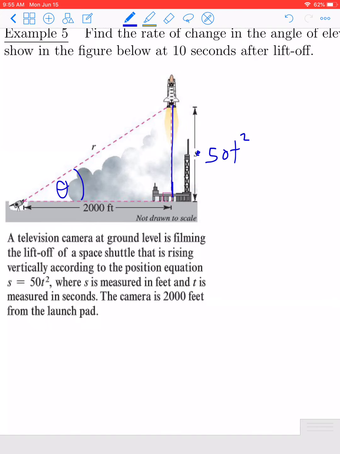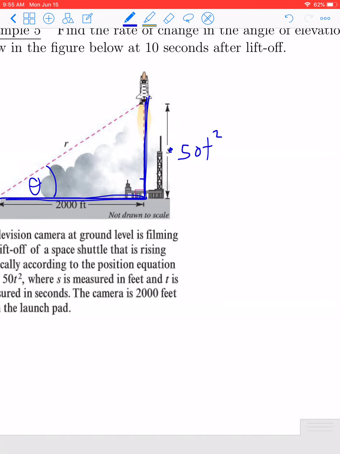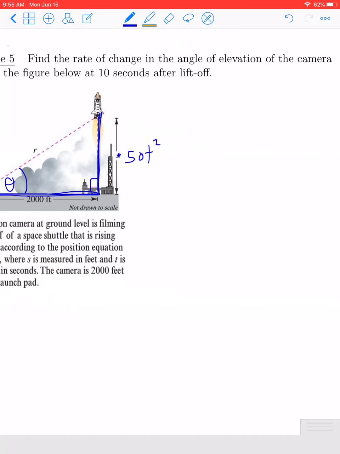I have information about this side because we know its equation, and it might make sense to use this side here because it's a constant, and computation-wise, constants are pretty easy to work with. If we know the opposite and we know the adjacent, then that would be grounds for setting up a tangent equation. The tangent of theta is equal to the opposite, that's 50t squared, over the adjacent, which is 2,000.